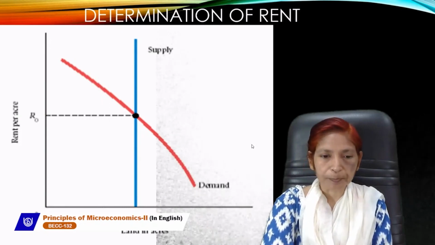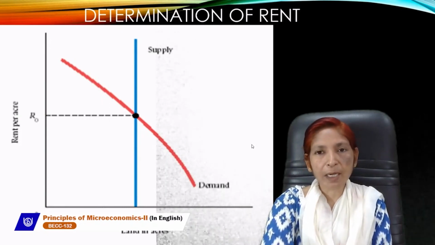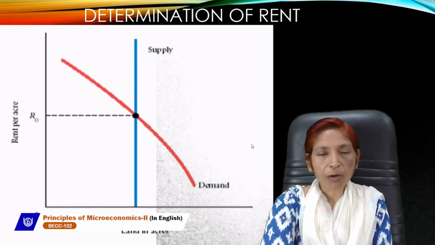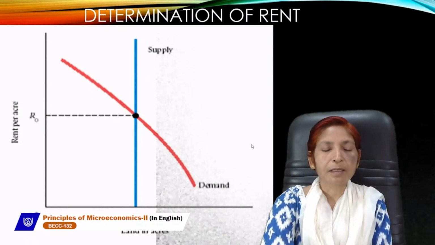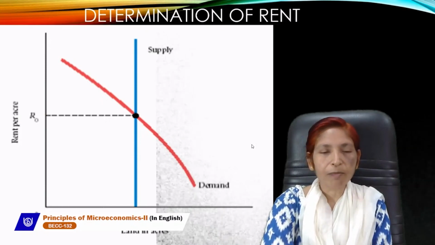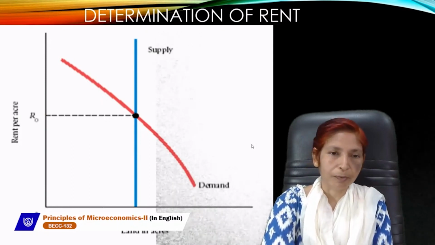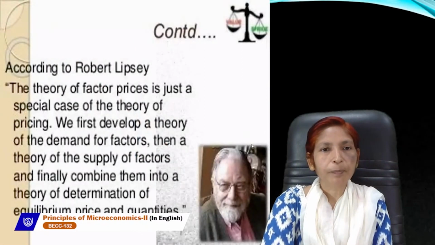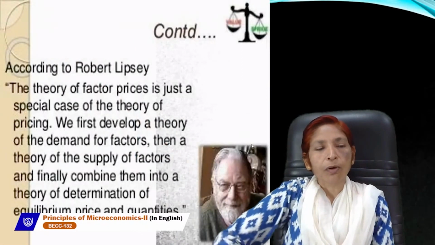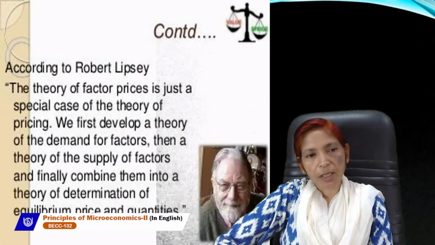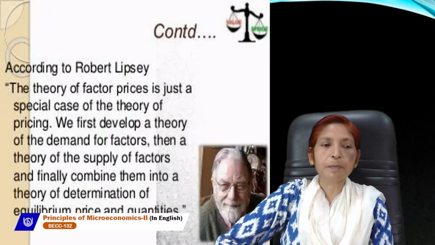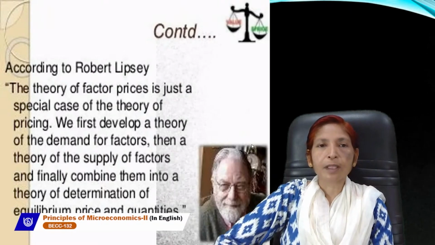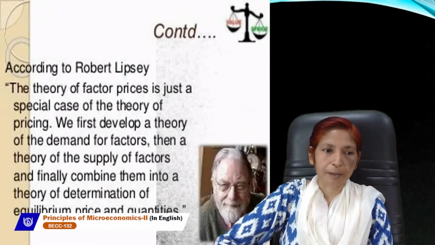So we can determine the reward of land with the help of this demand and supply concept and this curve. Next, according to Robert Lipsey, the theory of factor prices is just a special case of the theory of pricing.